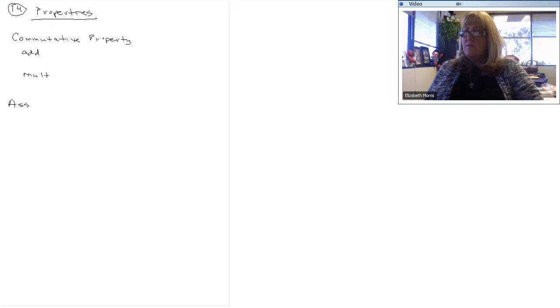There's the associative property, and it deals with addition and multiplication. And then there's the distributive property.